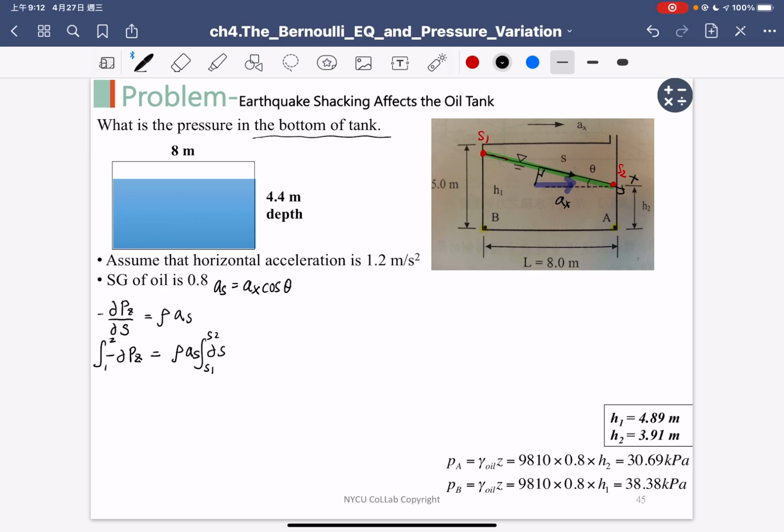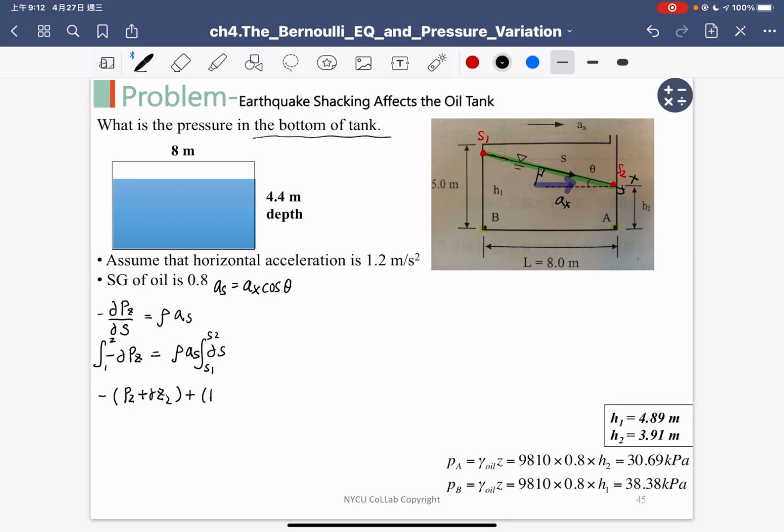Okay, so we can expand the integration. In here we have the minus, and the piezometric pressure P2 plus gamma Z2. This is the piezometric pressure at point 2, and I keep the minus outside, and inside here it will become positive.